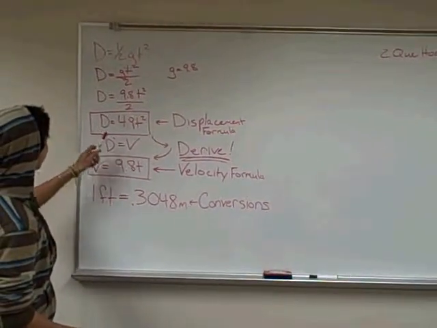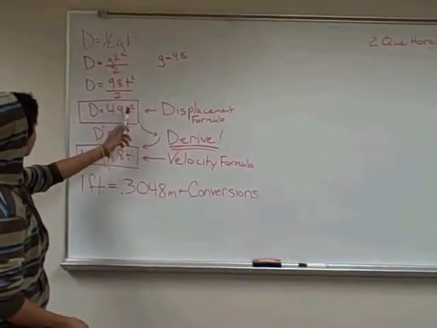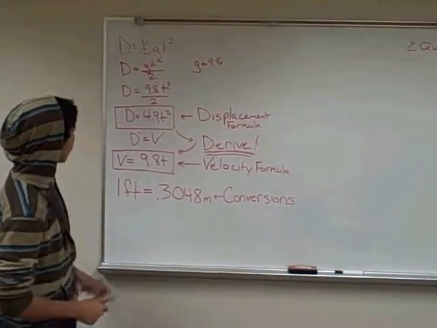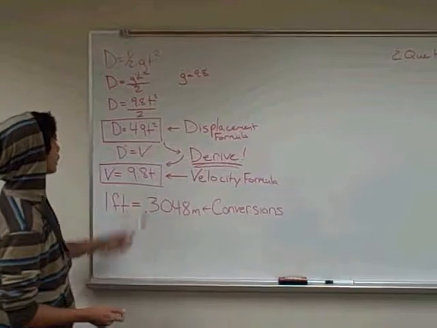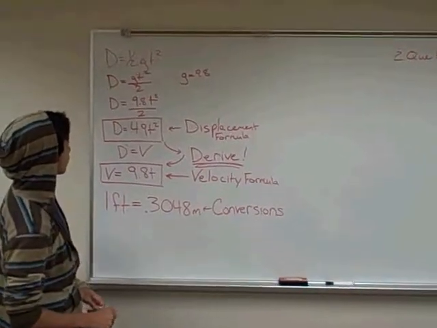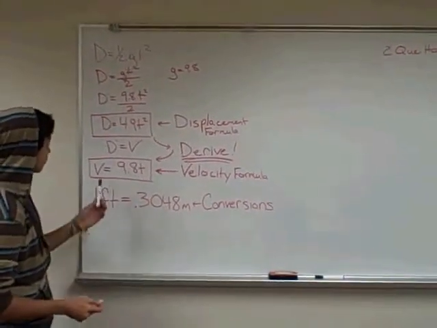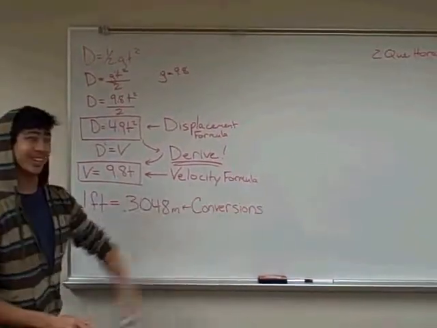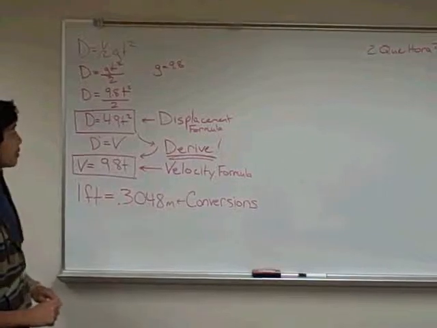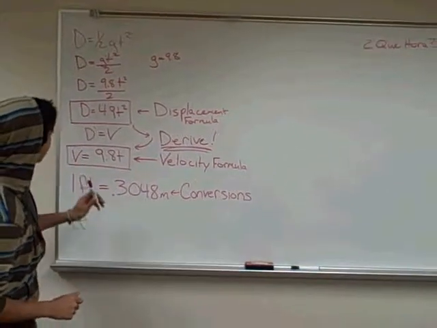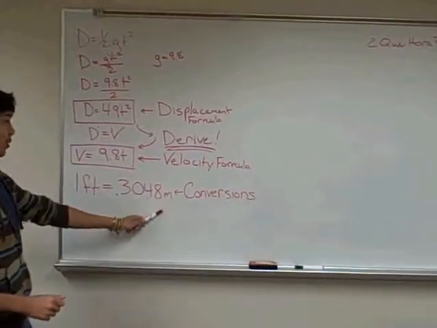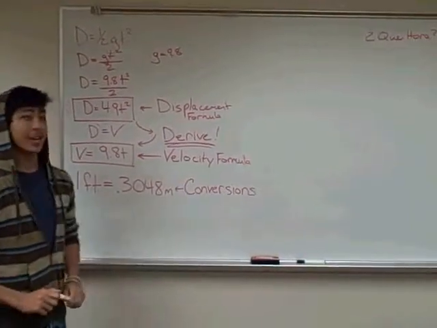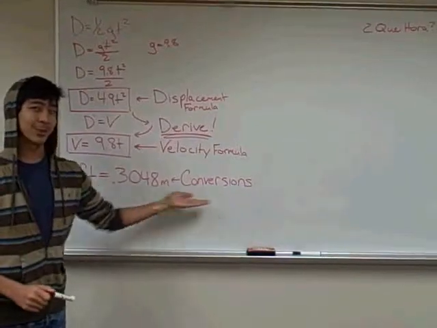You take the exponent of t squared, so 2 times 4.9 equals 9.8, then the exponent n minus 1, so it'd be 1, so 9.8t is your velocity formula. And one more thing, because we forgot, this is in meters, so 1 foot is equal to 0.3048 meters. It's your conversion factor.